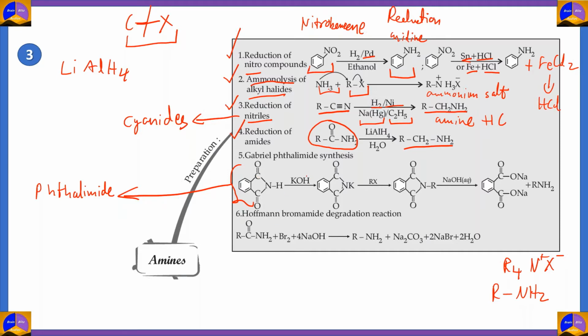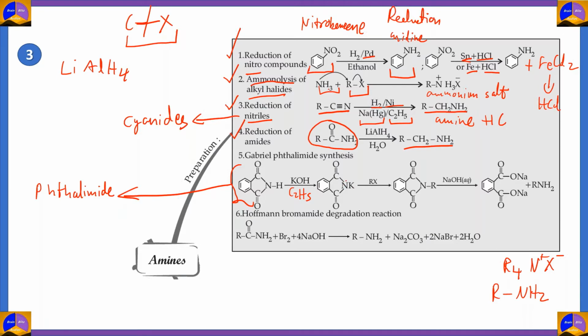Now, to get amines from phthalimides, we treat it with KOH. KOH is potassium hydroxide, and this is in the presence of C2H5OH, which is ethanol. So potassium hydroxide, which is present in ethanol, which is known as ethanolic potassium hydroxide, is used for the treatment of phthalimide to form the potassium salt of phthalimide.